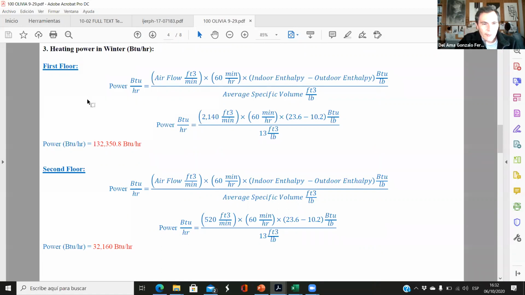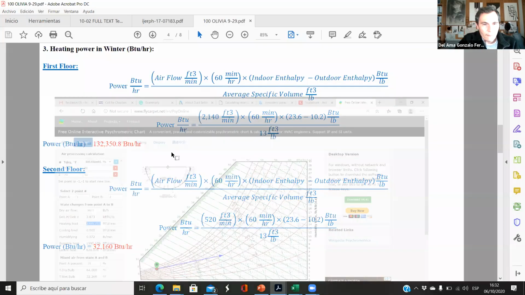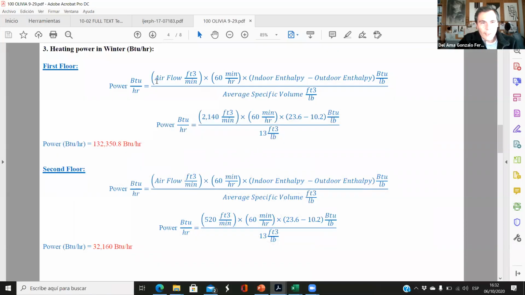Well, we can calculate this different ways. We can do this, what you have done here. Okay, so this is the airflow, and then we have the indoor minus outdoor enthalpy divided by the specific volume.